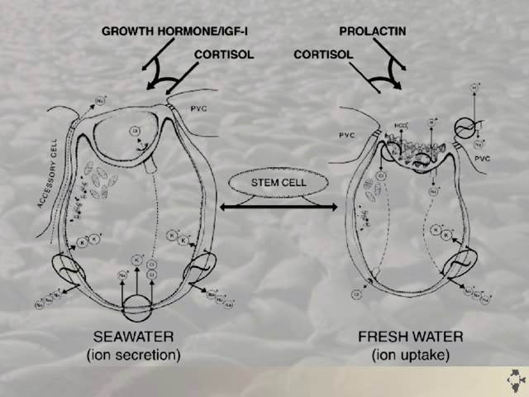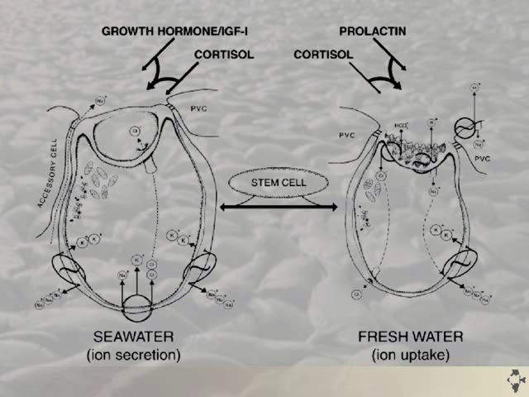So a little bit closer look here at what some of these cells look like. And we'll use these figures as an opportunity to discuss physiological regulation of osmoregulation in fish. So here you can see chloride cells that are adapted either to seawater or to fresh water.